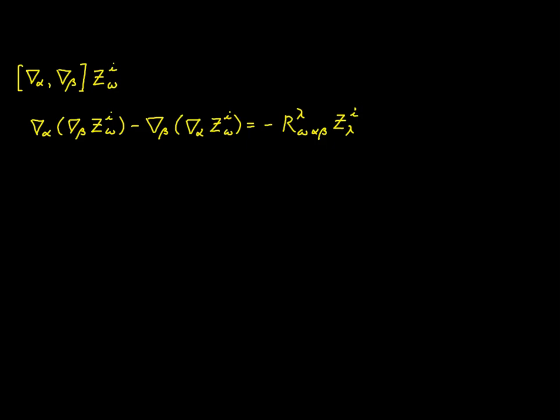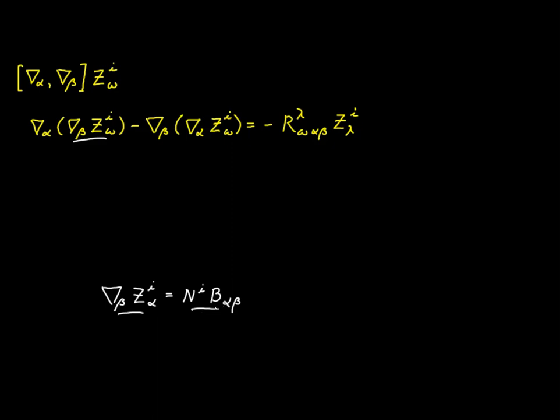Now in video number 74, we ran across this expression. The covariant derivative with respect to beta of our shift tensor Z i alpha is equal to the normal component N i times our curvature tensor with indexes alpha and beta. Well, what we can do now is to replace this expression right here, which is this form, with this form.